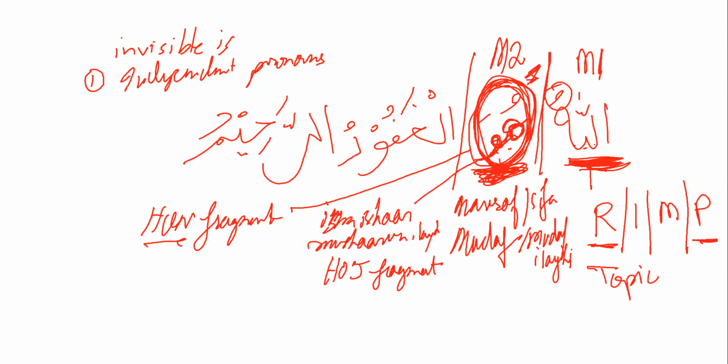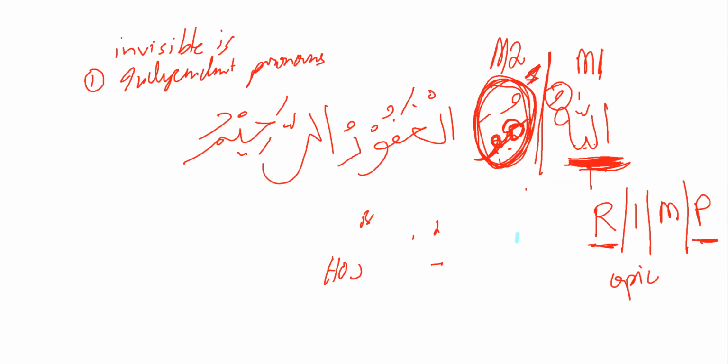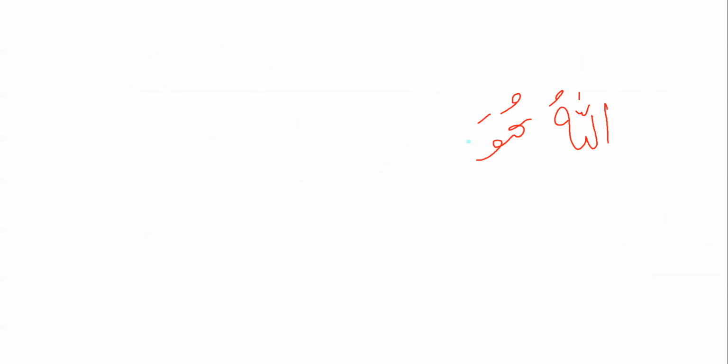Then again, we see whether any relationship between these two is possible or not. No. We had one break here. There is no sort of chain possible with huwa. So what will we do?